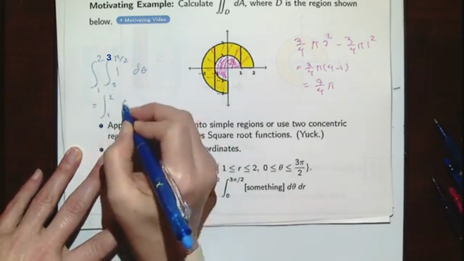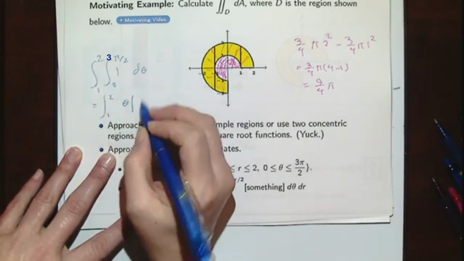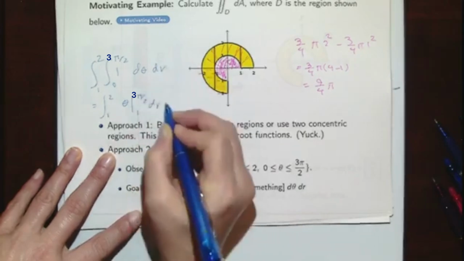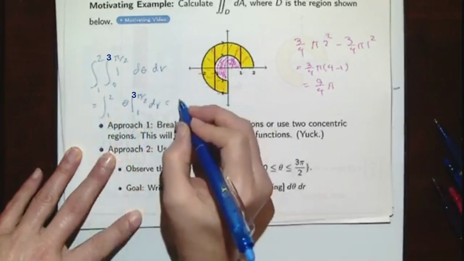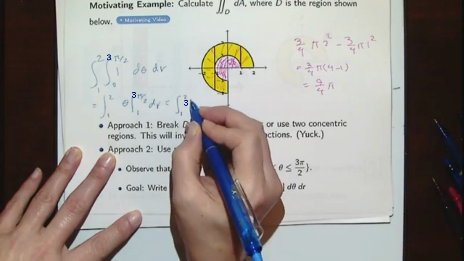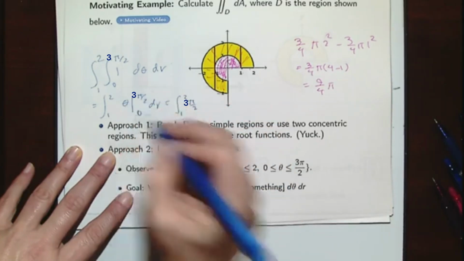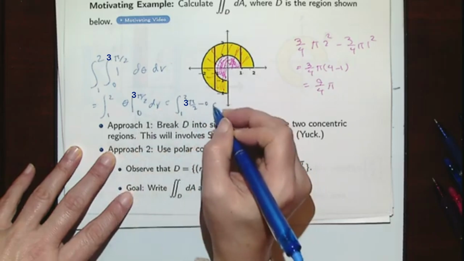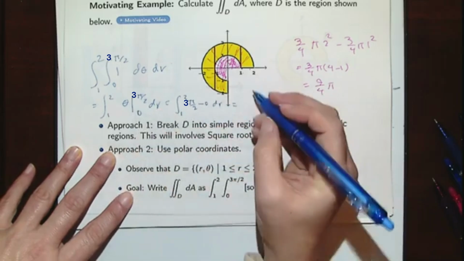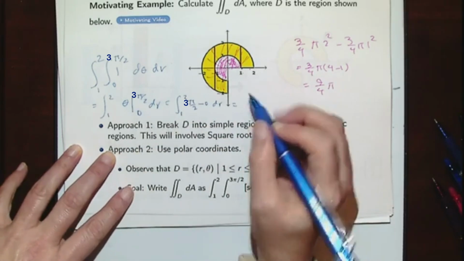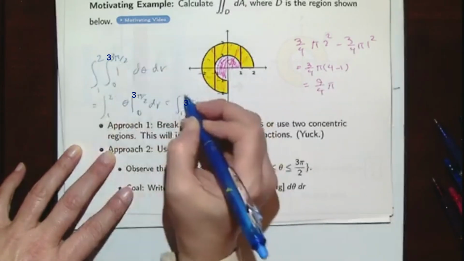The inside integral would be theta between 0 and pi half, dr. And then I get the integral from 1 to 2 of pi half minus 0 dr, which ends up to be what? 3 pi half.